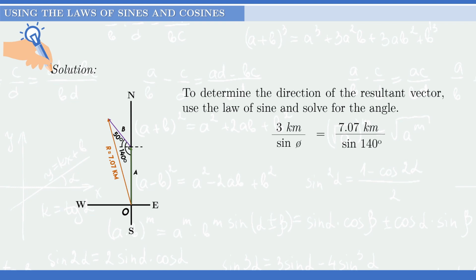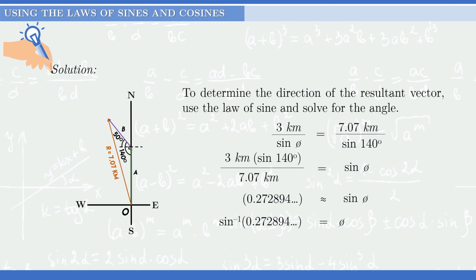Multiplying both sides by sine phi times sine 140 degrees over 7.70 kilometers, we obtain 3 kilometers times sine 140 degrees over 7.70 kilometers, which is equal to sine phi. Performing the indicated operations, we obtain an approximate value for sine phi. In getting its inverse value, we have phi, which is equal to 15.84 degrees.